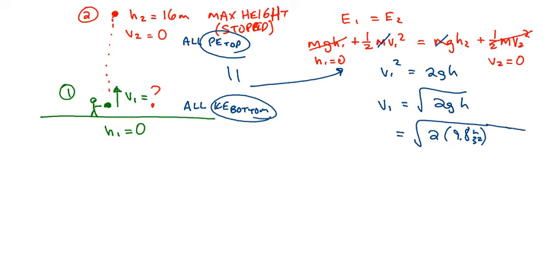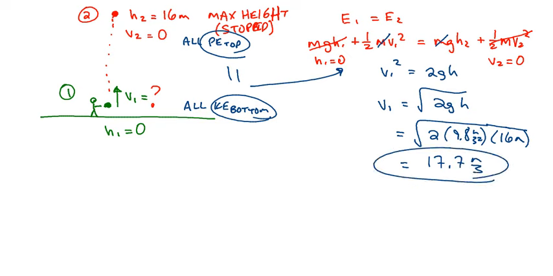Not sure why it decided to erase there, but when we do the square root of 2 times 9.8 times 16, I get 17.7 meters per second. If I want it to go up 16 meters, I have to throw it at 17.7 meters per second to get it there.